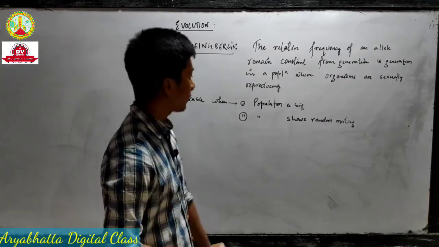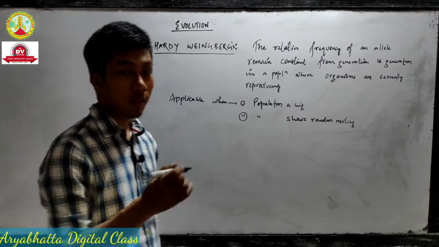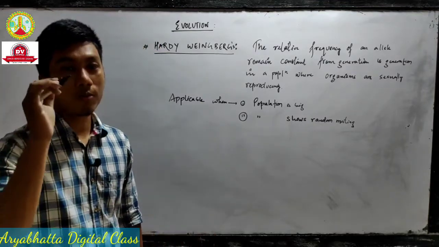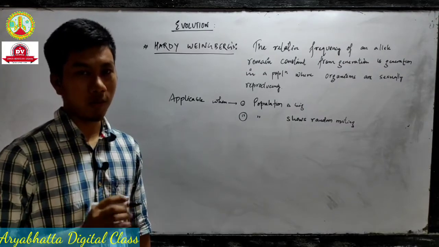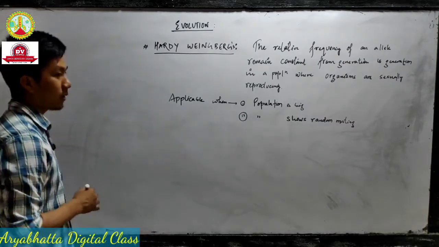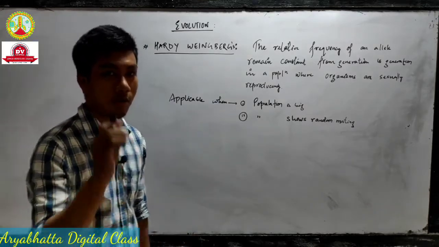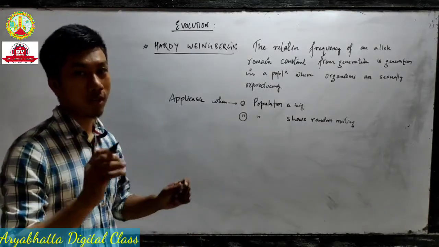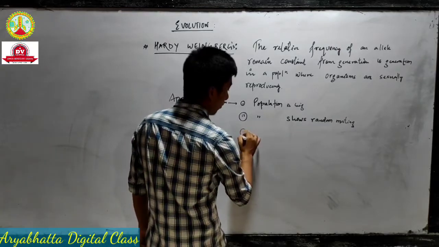Next, it is applicable when in a population there is no mutation. Mutation should not be there, and we know what mutation is. But if mutation somehow occurs by chance, it should occur in both directions. So no mutation.